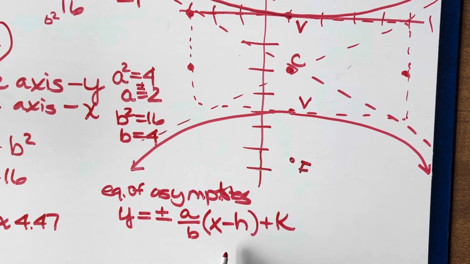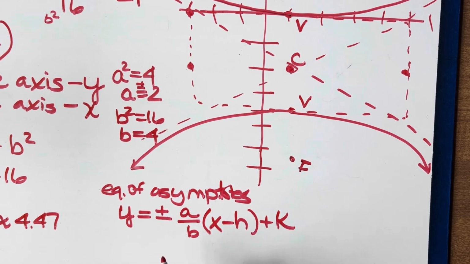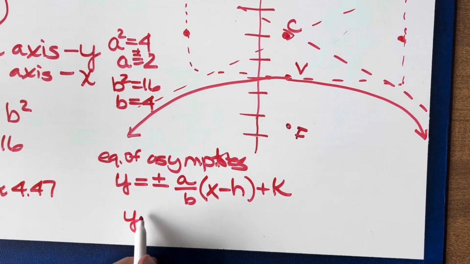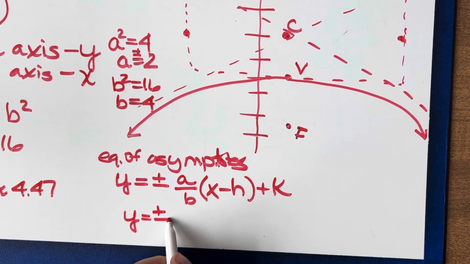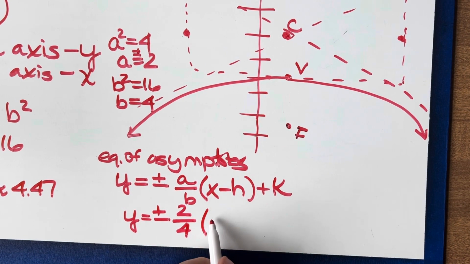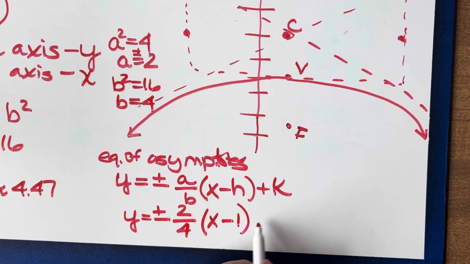Now this looks terrible, but we know what all of these values are. So I'm just going to plug those in. Plus or minus, my a was 2, my b was 4, my h is from my center, and my k is from the center.